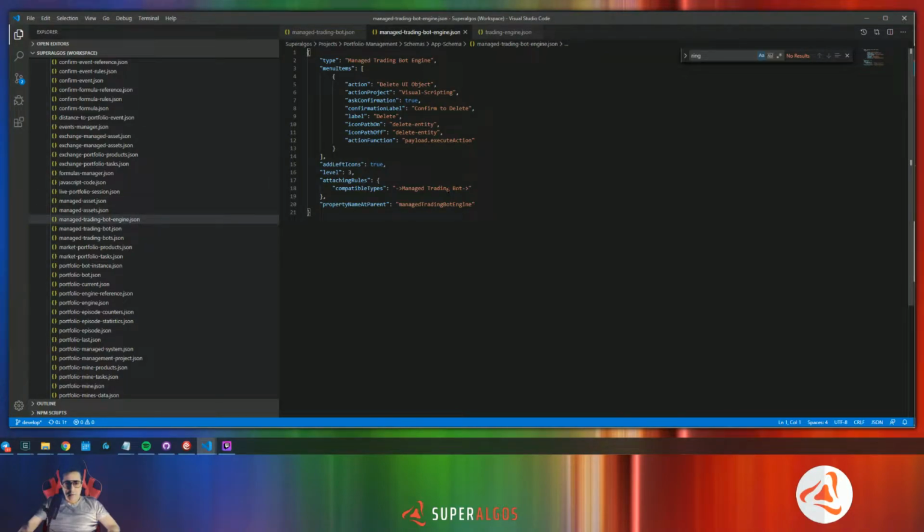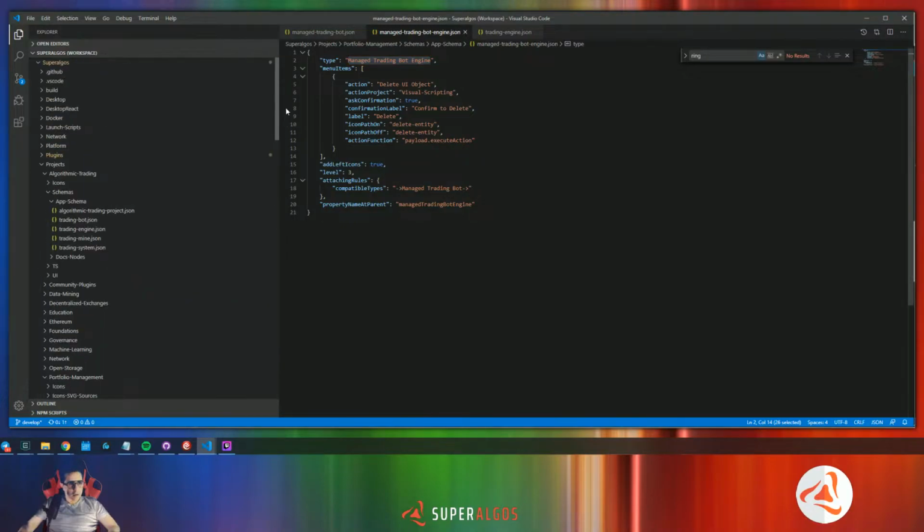So attaching rules, and who are these guys? Trading current. These are still trapped at the foundations project.